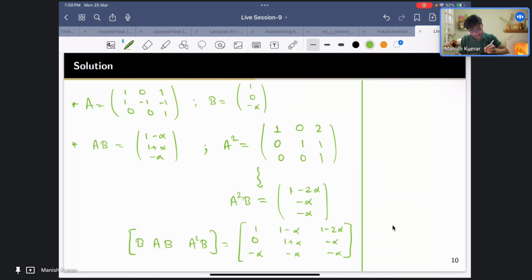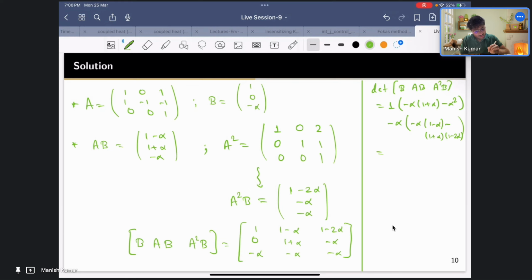So let us check the determinant. The determinant of B, AB, A square B is given by, let us expand along the first column. So 1 times minus alpha times 1 plus alpha minus alpha square, then minus alpha times 1 minus alpha minus 1 plus alpha times 1 minus 2 alpha.